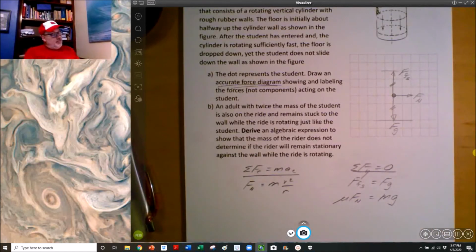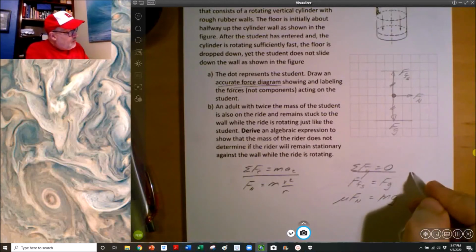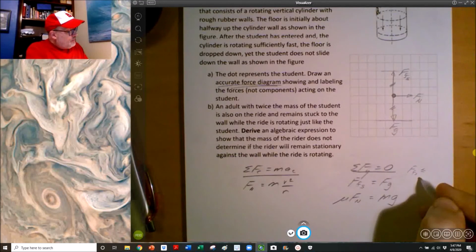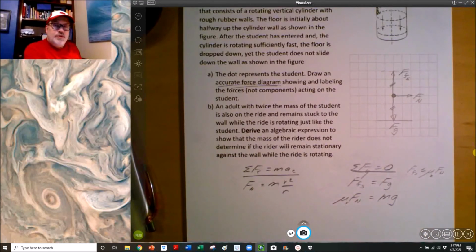Now, we have to be a little bit careful here. Those of you at home may be saying, hey, wait a minute, force friction static is less than or equal to mu times force normal when this is the static coefficient of friction. You're absolutely right. But we're talking about the person not sliding down the wall. So we're at that maximum amount of friction where we're just at the point where we're not sliding. Okay, so I'm just going to put it in as equal because we're at the maximum value.